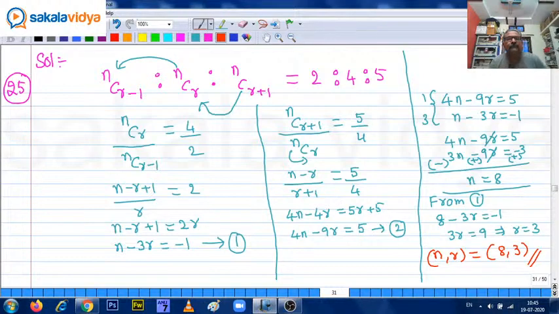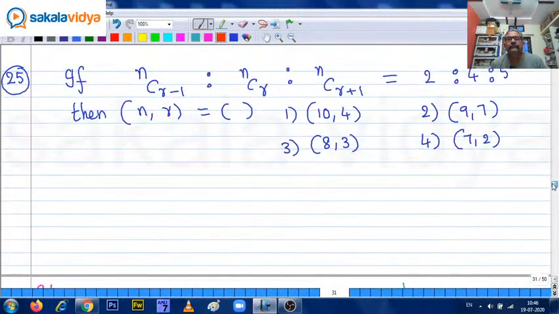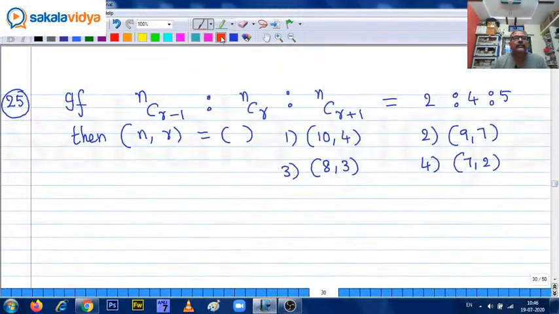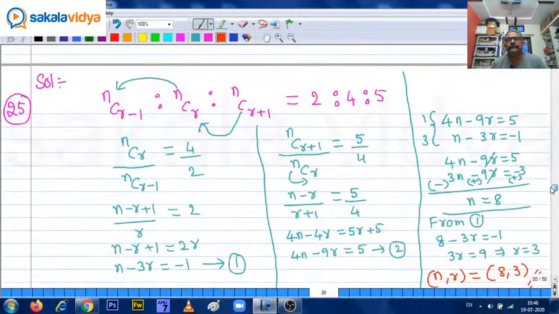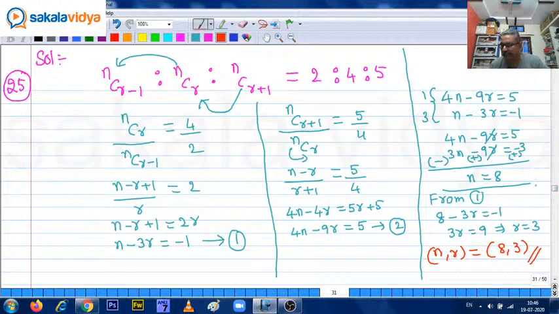So now select the right option, that is 8, 3. This is the solution.